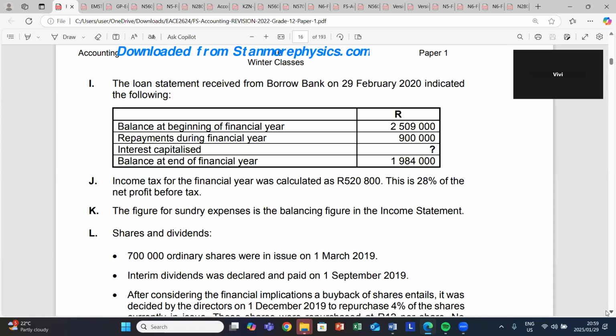Balance at the beginning, we're gonna take the balance. Okay, and maybe you can calculate the interest on loan for us. Maybe you can attempt it and tell us how we will get it.